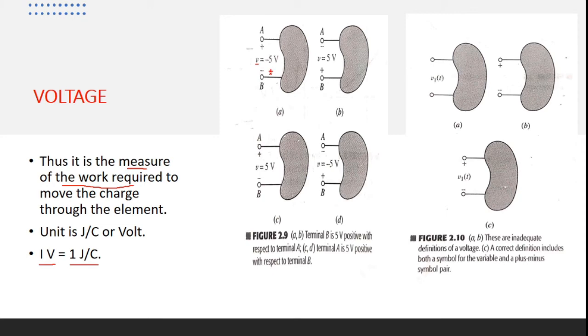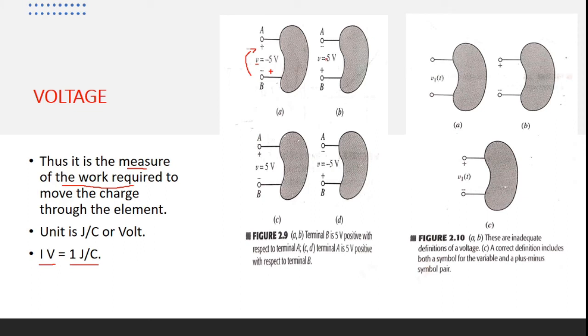So terminal B is positive by 5 volt with respect to terminal A. I'll repeat once again: the voltage that I give here is minus 5 volt, but this terminal is a negative terminal, so minus of minus becomes positive, which means terminal B is positive by 5 volt with respect to terminal A.